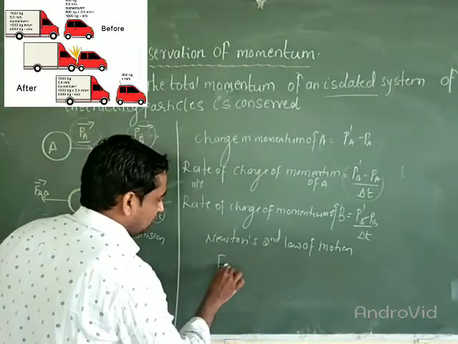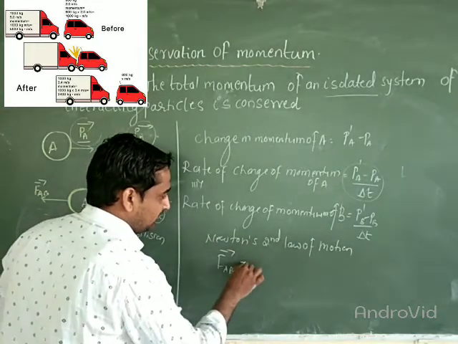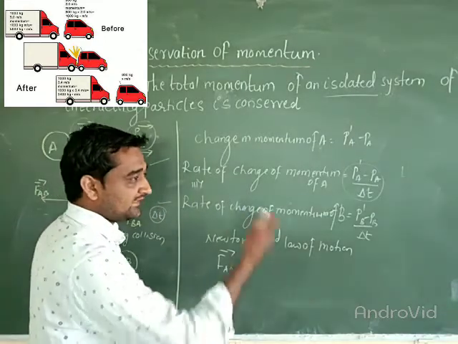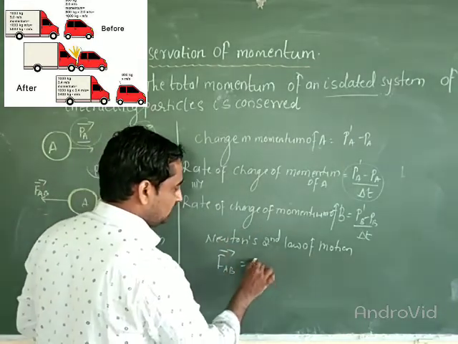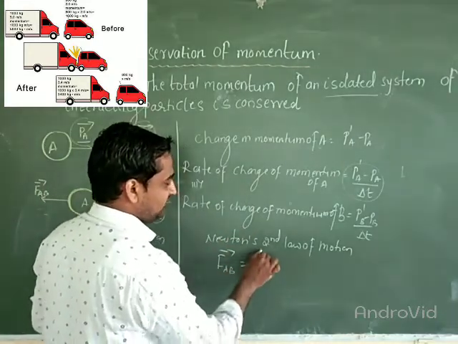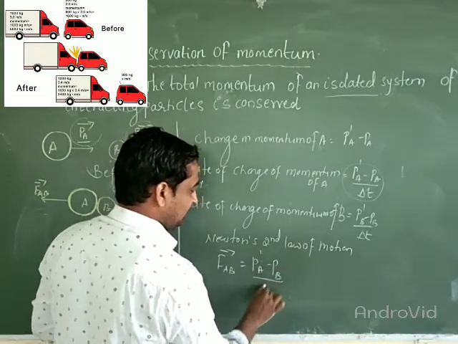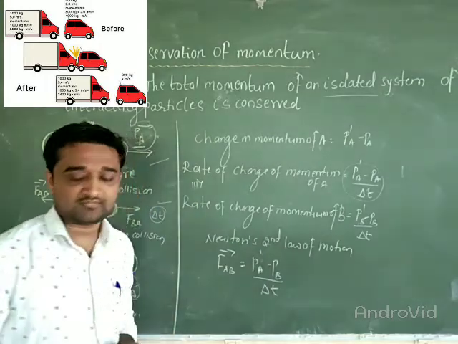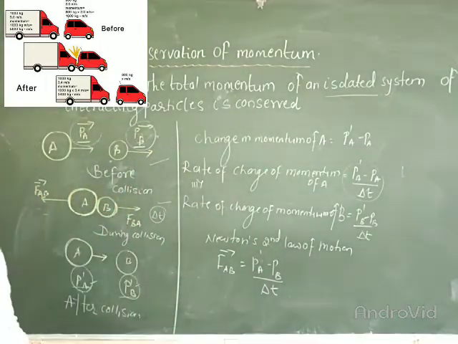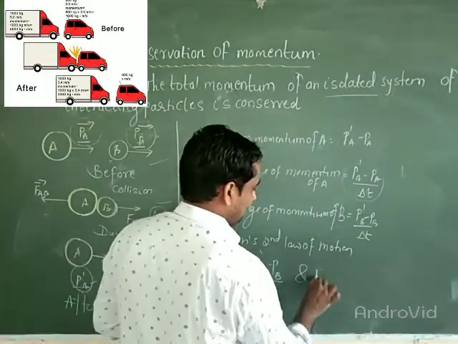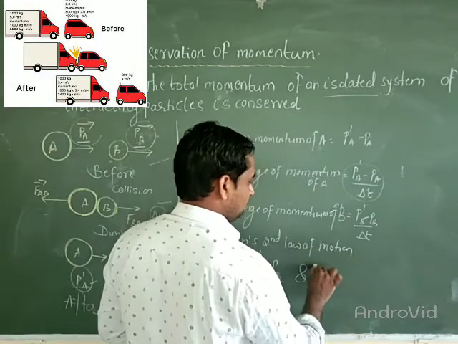That means the rate of change of momentum of A is equal to the force acting on A by B. That is FAB equal to P dash A minus PA divided by delta t, right? That is according to Newton's second law of motion. Again, FBA is equal to what?